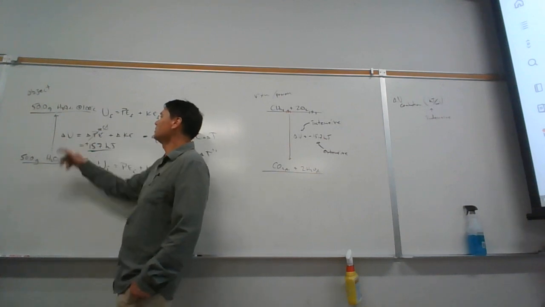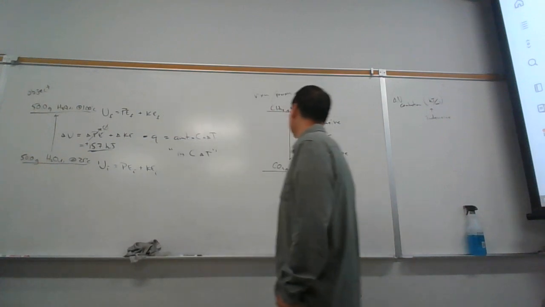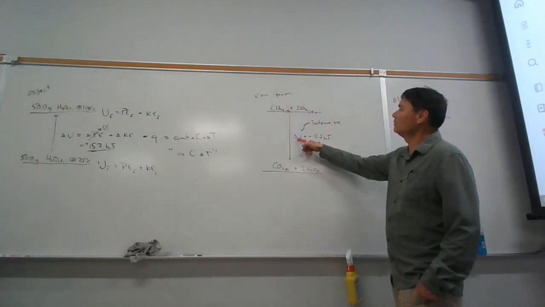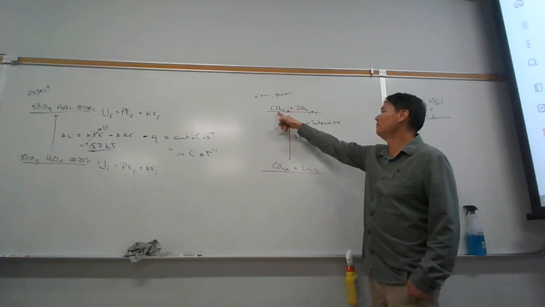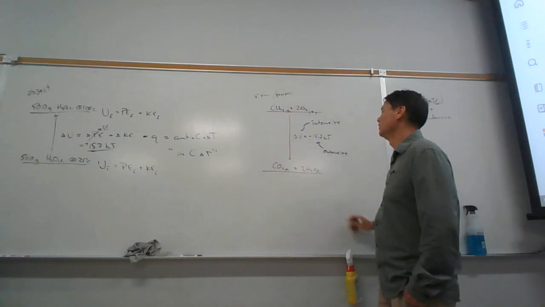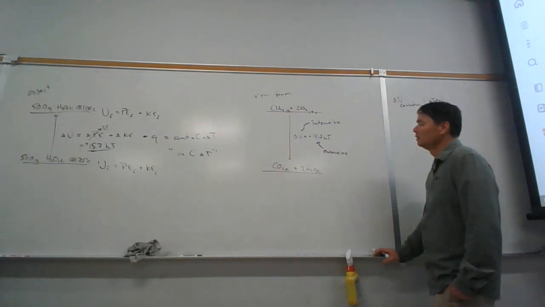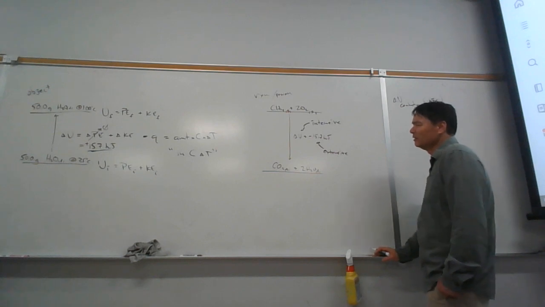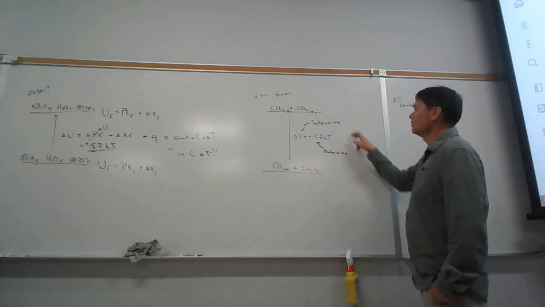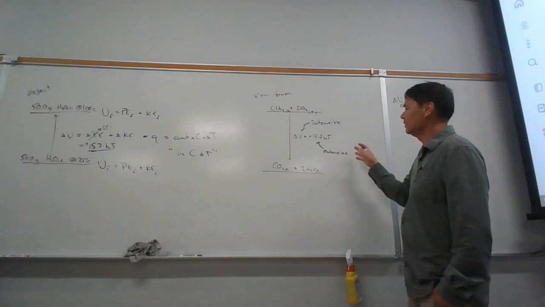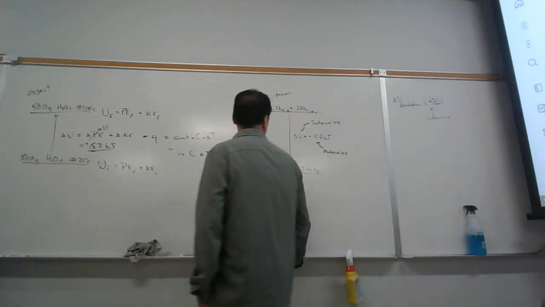Sometimes I'll express the delta U in terms of an intensive property. If I burnt a mole of this methane, how much heat is released? And so there's a bit of ambiguity there. And so to clear up some of that ambiguity, we do something like this.